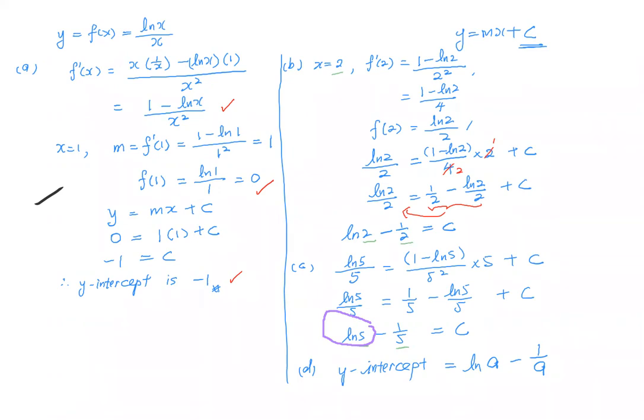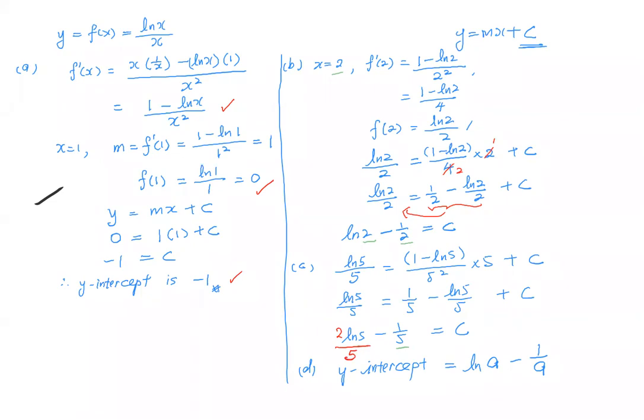Oh, ln 5 over 5. Yes, you are right, it should be 2 ln 5 over 5. Miss Lo is too fast. Yeah, it's 2 ln 5 over 5. Thank you.